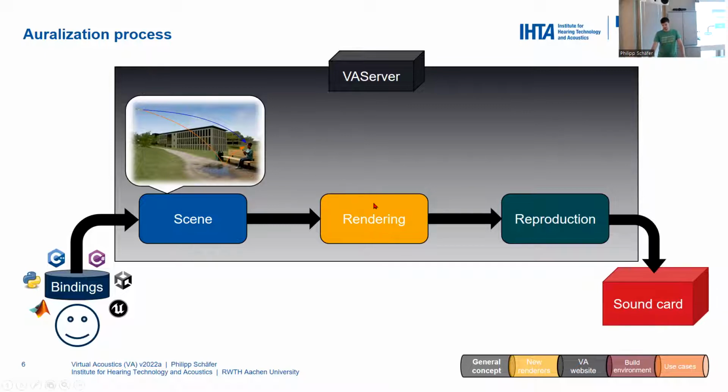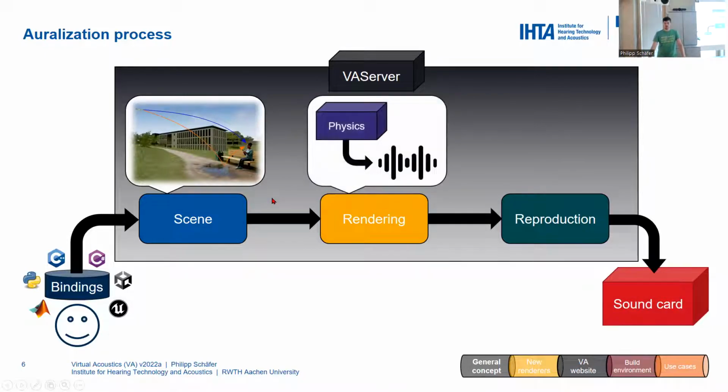The second step is the actual rendering process. So based on the scene, based on the objects within the scene, and physics-based models, an audio signal is generated.